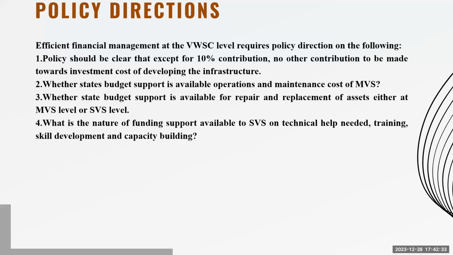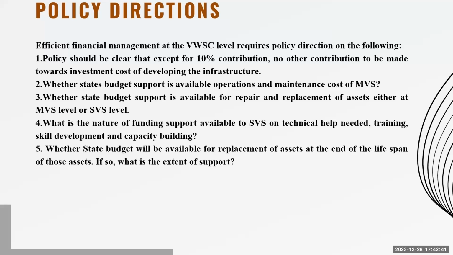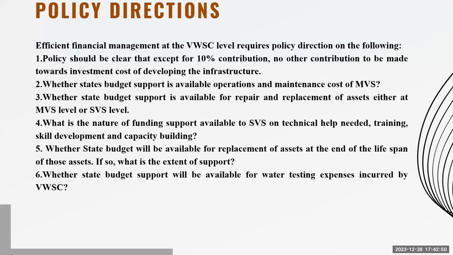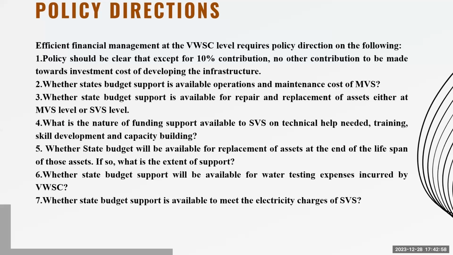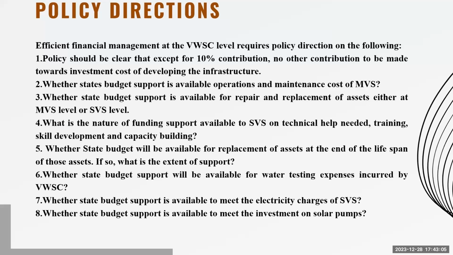What is the nature of funding support available to a single village scheme, for technical help, training, skill development, capacity building, and so on? And whether the state budget will be available for replacement of assets at the end of their lifespan, and for water testing expenses incurred by the VWSC. Again, whether the electricity charges are at a subsidized level or taken care of by the state budget.